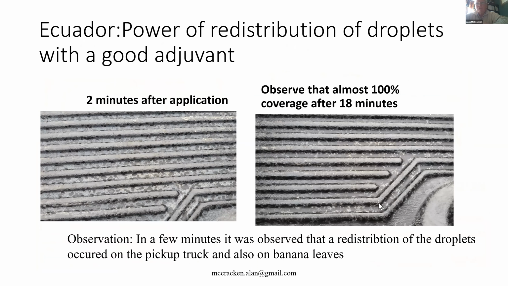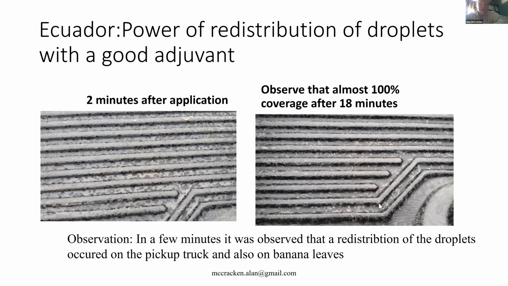Power of redistribution of droplets with a good adjuvant. This was an application on bananas in Ecuador. 2 minutes after application, I took this photograph on the bed of the pickup truck, and my heart did a jump. Wow, how horrible distribution. As you can see, it looks terrible.